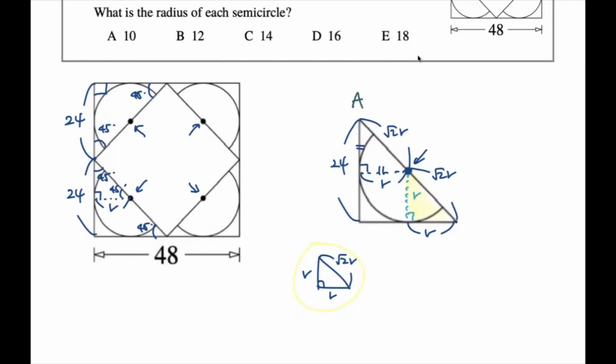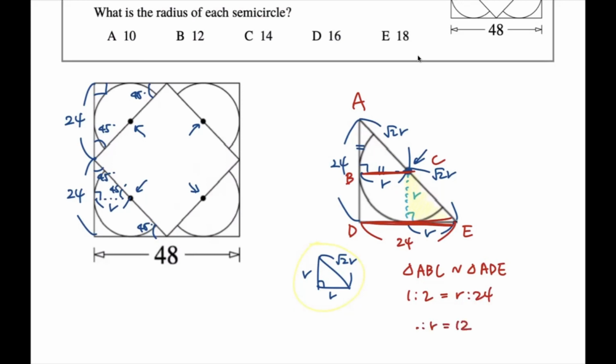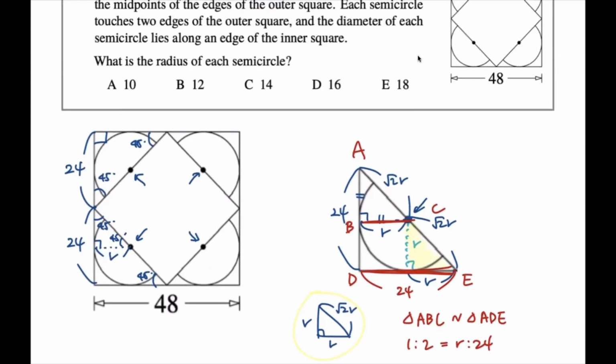It's A, B, C, D, and E. We can prove that ABC is similar to ADE because the ratio of the lengths is 1 to 2, therefore R and 24 are in that ratio, this one and this one. Therefore, R would be equal to 12, and we've proven that the radius is always 12.